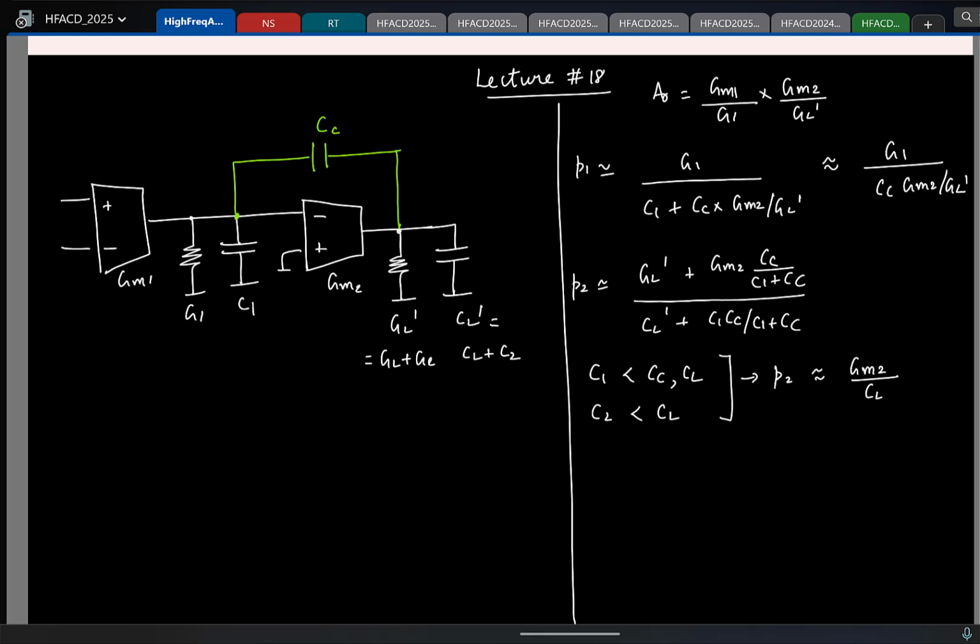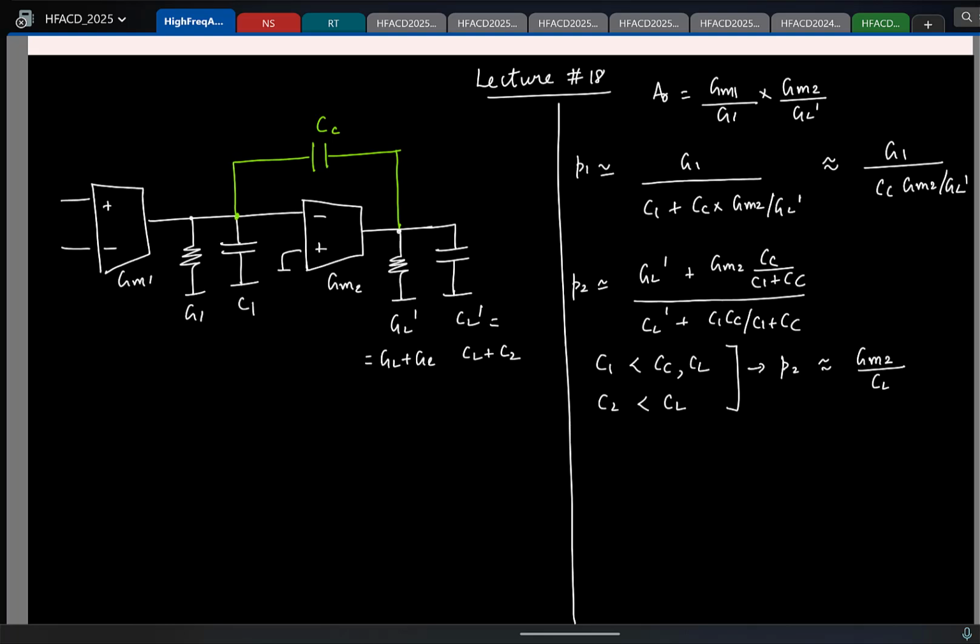We'll assume that GM2 is anyways larger than GL prime. In addition, C1 is smaller than CC, so numerator becomes GM2. Denominator, I have C1 and CC in series. C1 is much smaller, so C1 will dominate, and CL is much larger than both C1 and C2, so the denominator is roughly CL. This is under the assumption that C1 is smaller than the compensation and load capacitance, and C2 is smaller than the load capacitance.